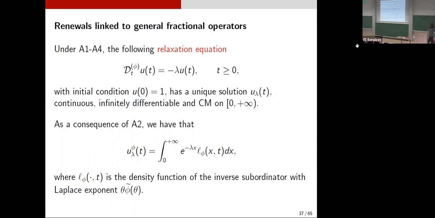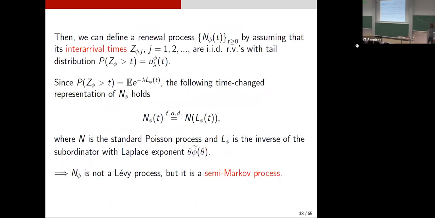And then, as a consequence, if we define a renewal process now, we assume that the interarrival times are no longer exponentially distributed, but they have as a tail distribution exactly the solution to the previous relaxation equation.